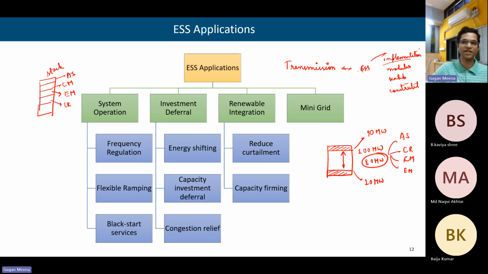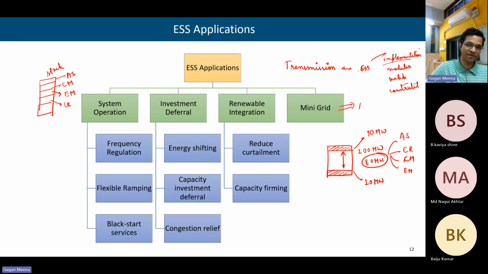Okay. In that case, a single energy storage owner can provide all these kinds of services. Not this, grid scale energy storage would. This is for mini grid.